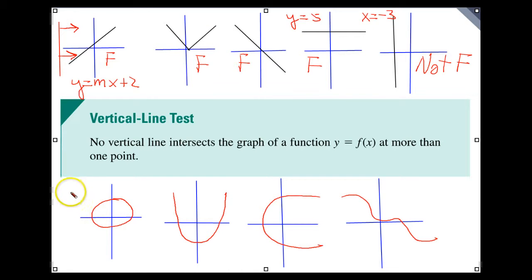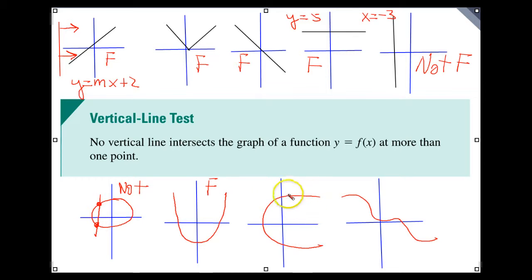All right, our vertical line still. Is this a function? And the answer is no, because it intersects there and there. So this is not a function. How about your typical parabola? Does it pass the vertical line test? And the answer is yes, so this is a function.